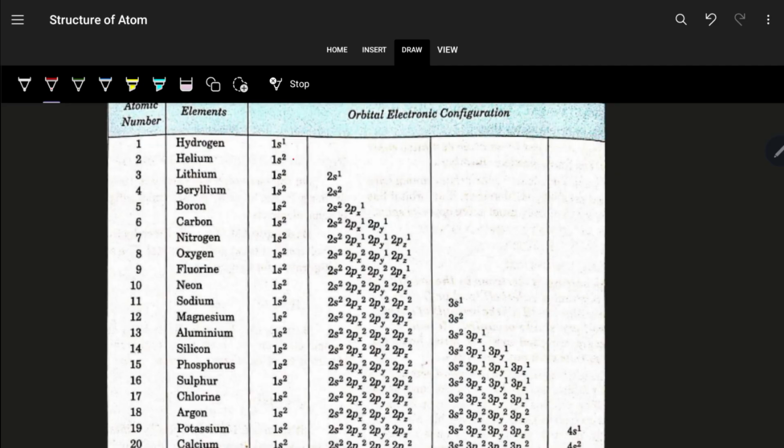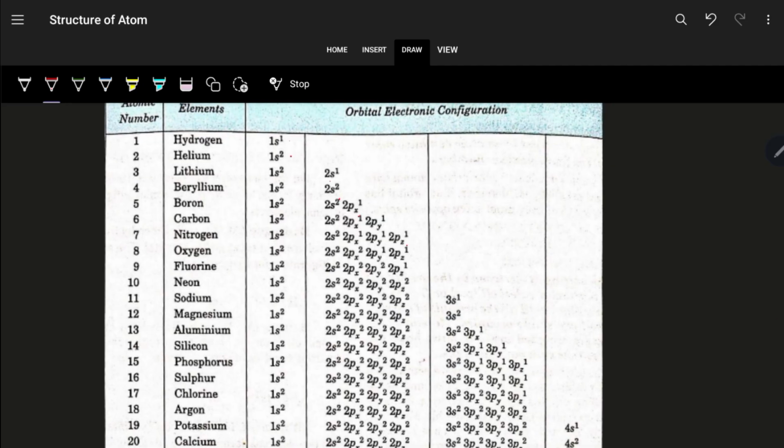If 1s is filled up, then it goes to 2s. When 2s is filled up, it goes to 2p. When 2p is filled up, it goes to 3s, and it goes on like this.